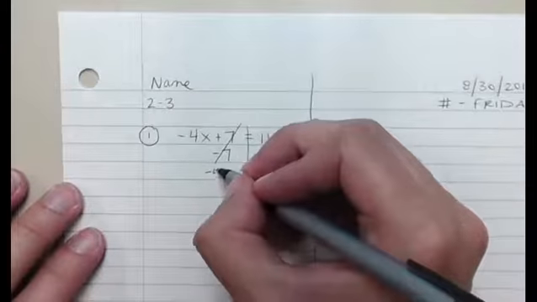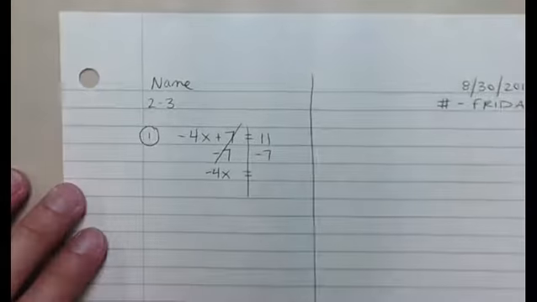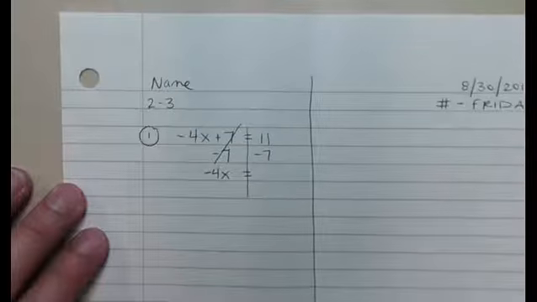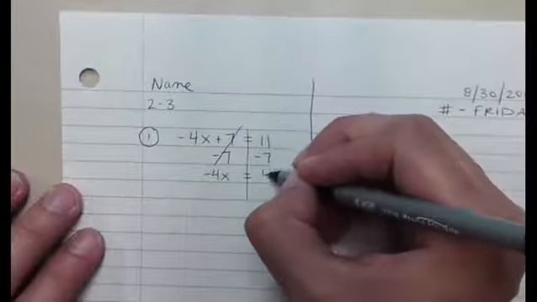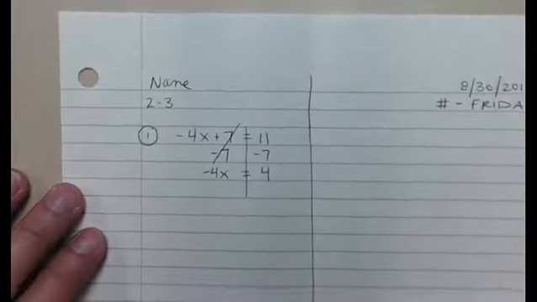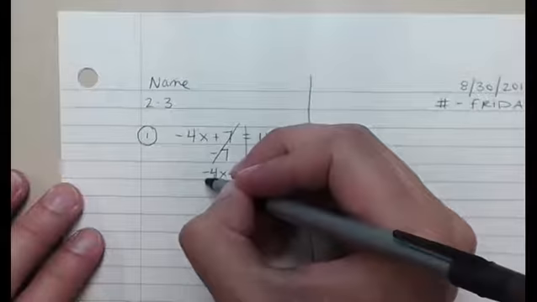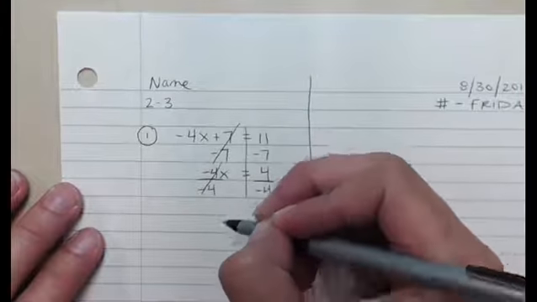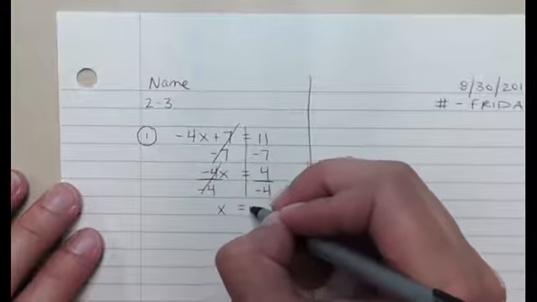I have -4x is equal to 11 minus 7 is what? Okay, you should have said 4. From here, I'm going to get x by itself, so I'm going to divide by the coefficient of -4. And my answer here is x is equal to -1.